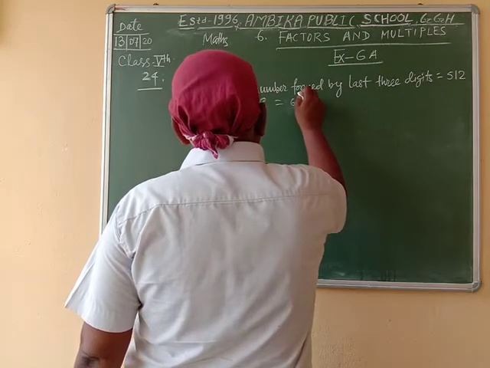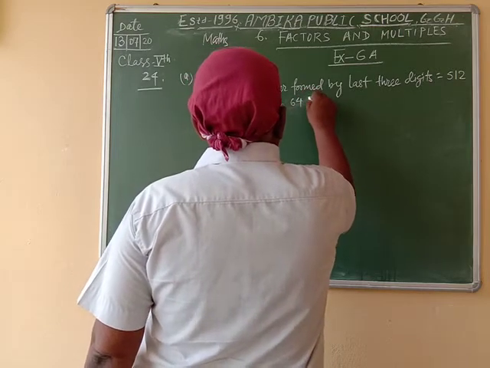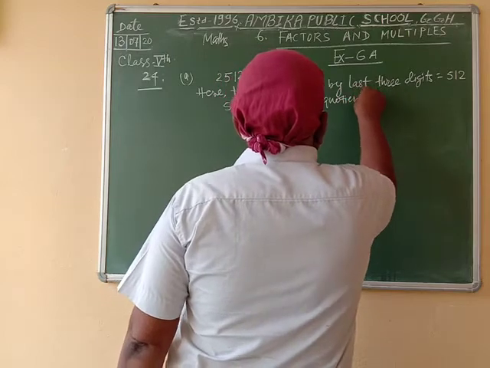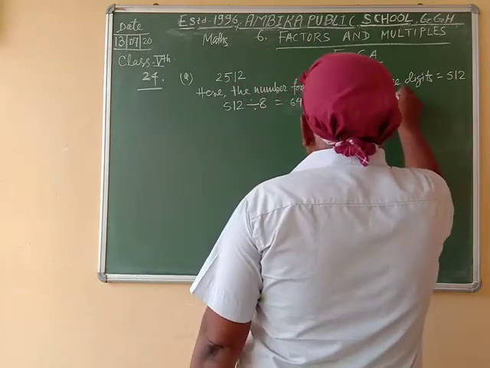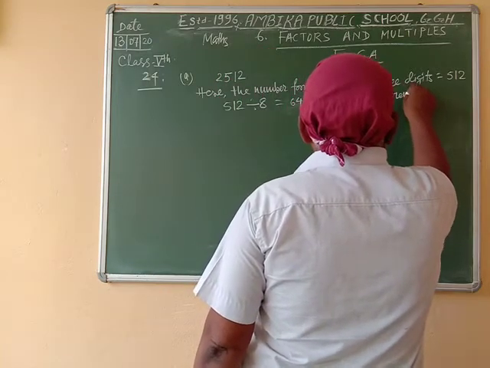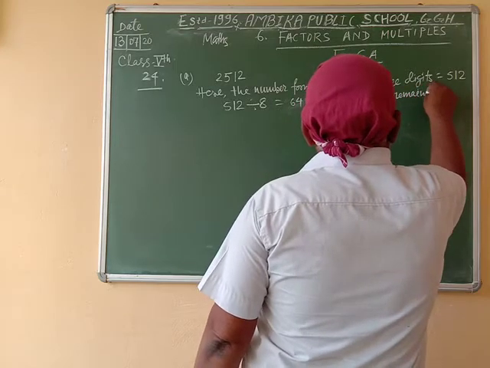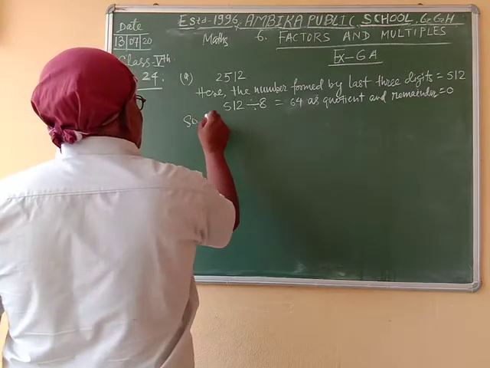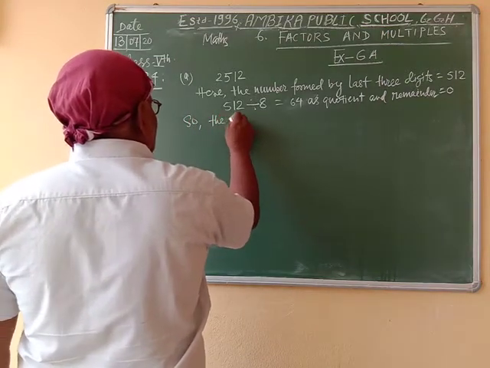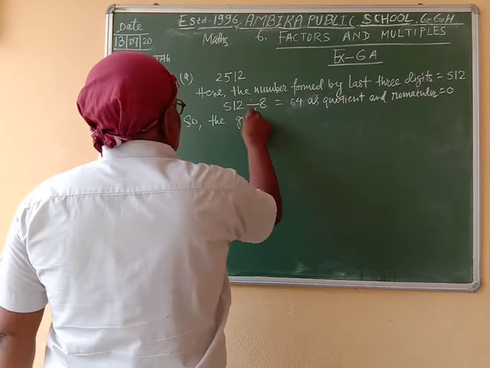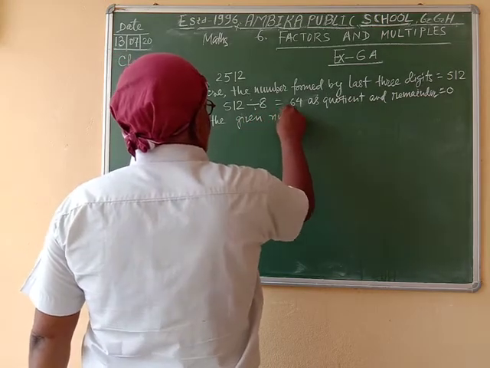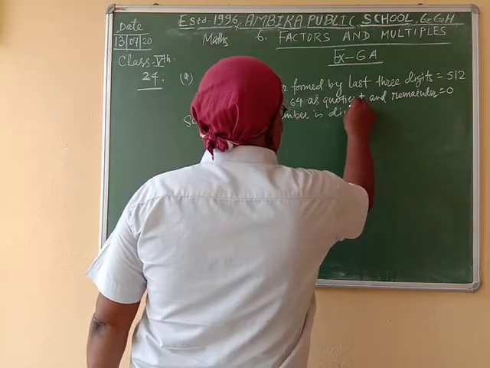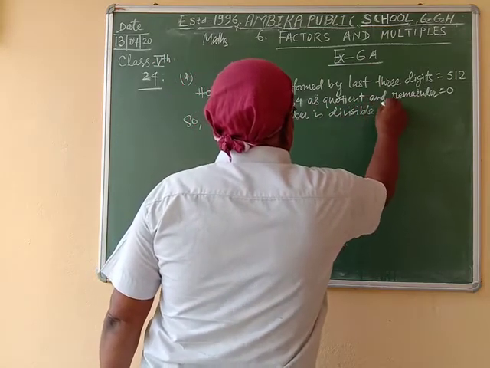The quotient is 64 and the remainder is equal to 0. So the given number is divisible by 8.